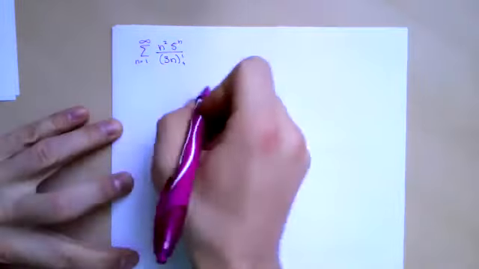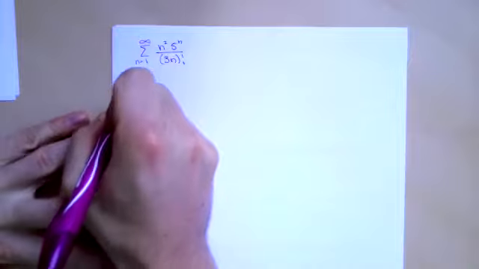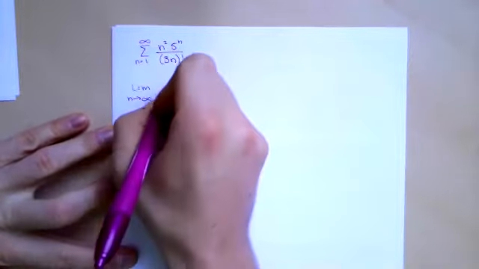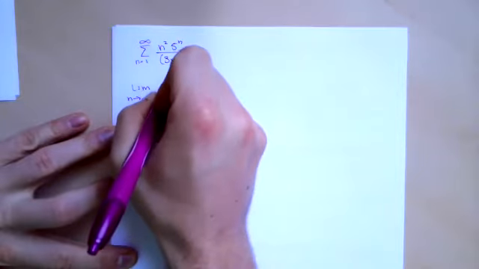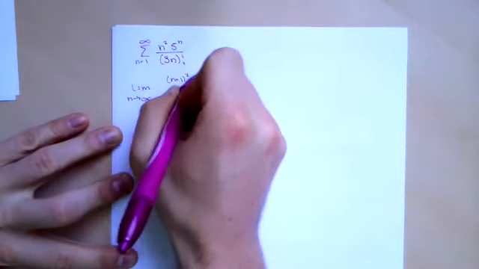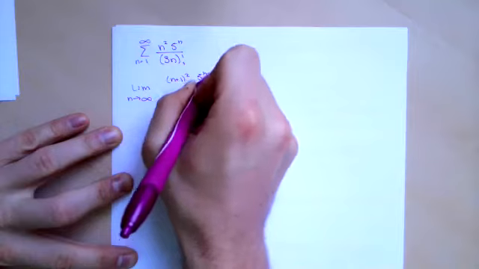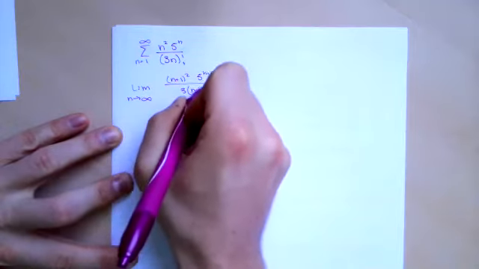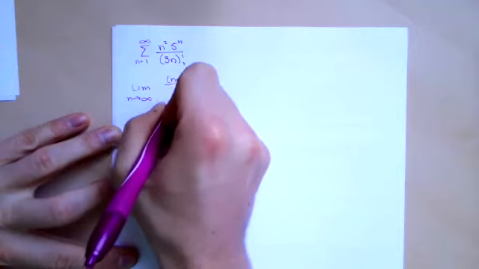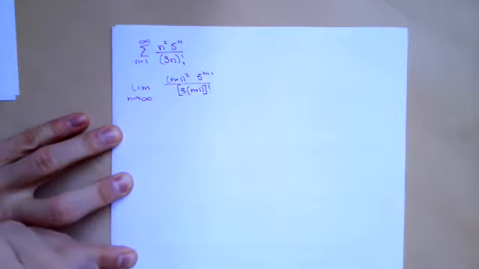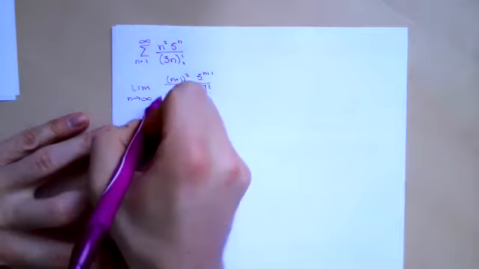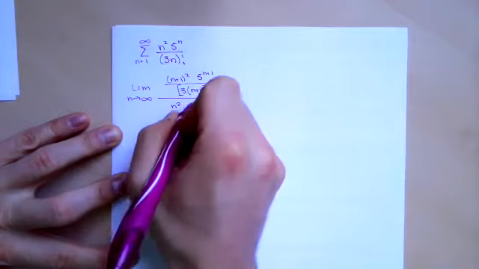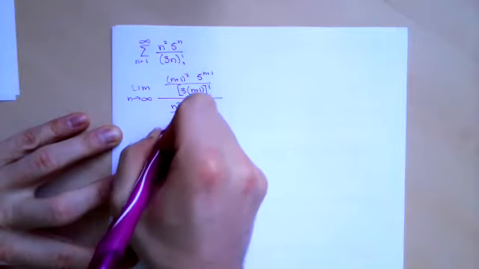So let's check. We want to compute the limit as n goes to infinity of the next term divided by the current term. So we'll have (n+1)^2 times 5^(n+1) over (3(n+1))!, that whole thing factorial, divided by the current term, just as it's written.